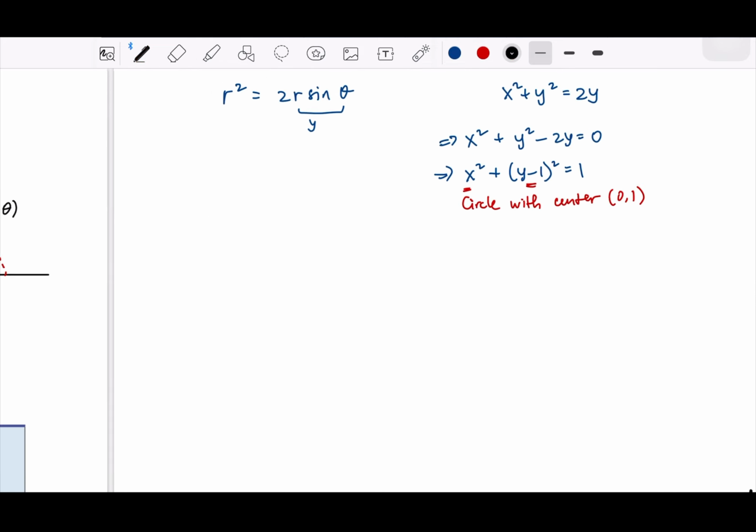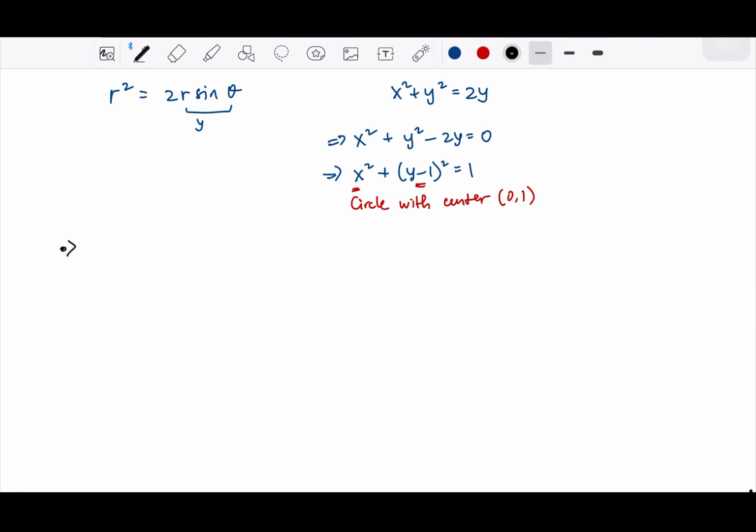Okay, and lastly, the last example here: if we have r equal 2 plus 2 cosine theta. Now this will be similar with the previous questions, where we are going to multiply by r. So this will be our equation.